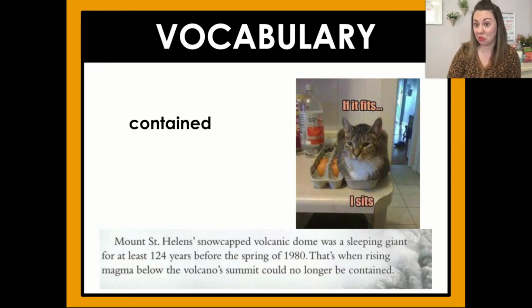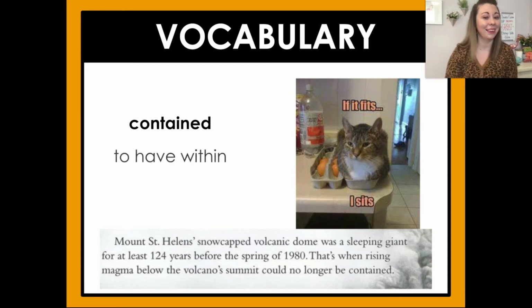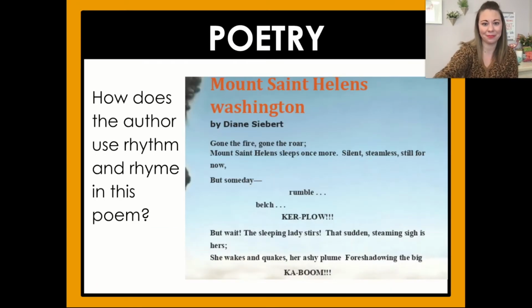So what does contained mean? Do you know? No? It means to have within, to fit within. So the egg carton has the cat within its lid, or in this case, when we read the volcano, Mount St. Helens could no longer contain or have within it that rising magma.